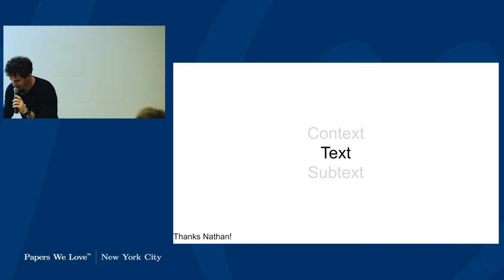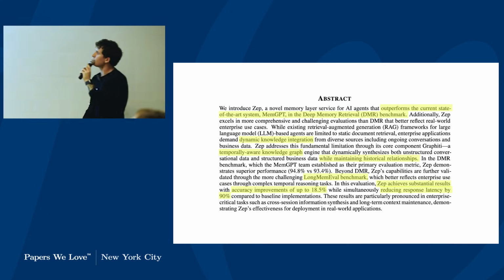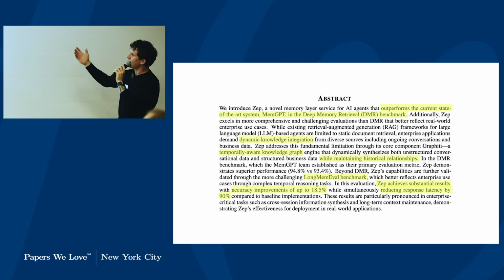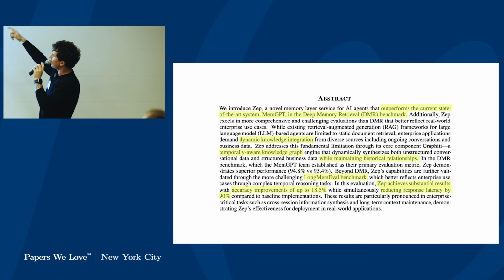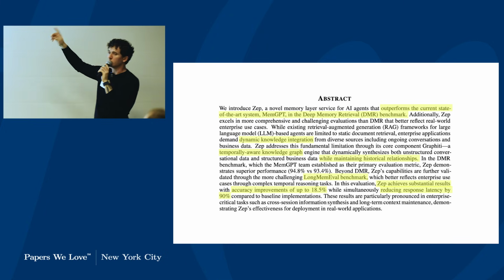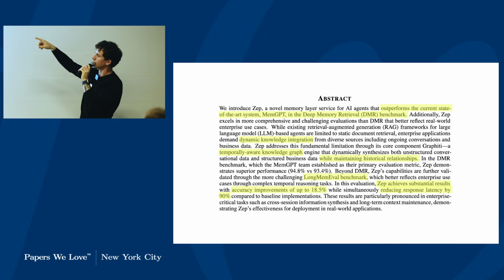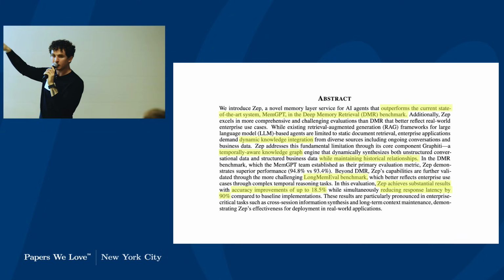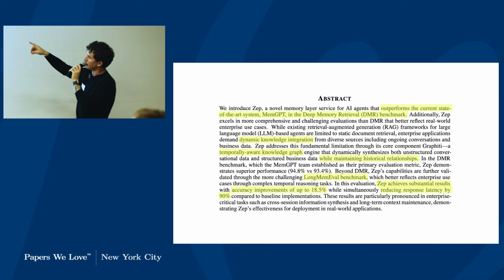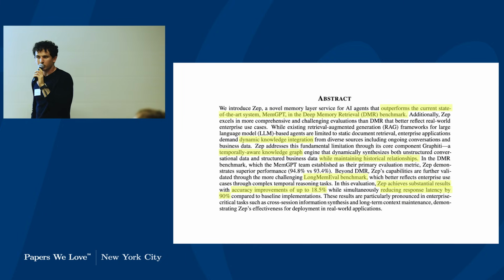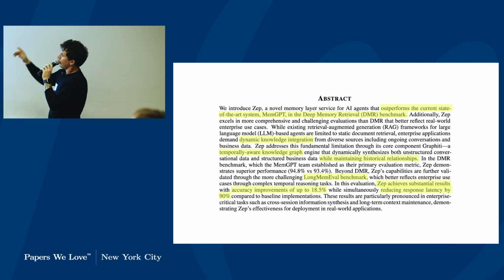Okay. So the text, starting with the abstract, I went in and highlighted some of the stuff that I thought was important here. Number one, Zep outperforms the current state-of-the-art system when this paper was published, which at the time was a paper called MemGPT, which is today a company called Letta. Specifically, they outperform in the Deep Memory Retrieval (DMR) benchmark, which again at the time was sort of the state-of-the-art benchmark.